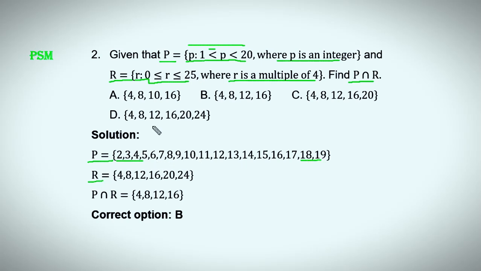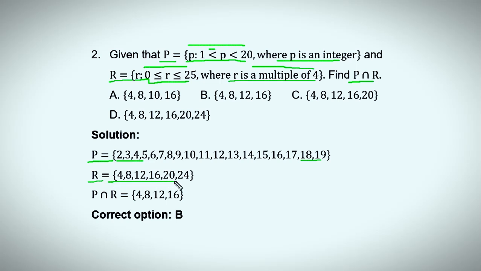Set Q, you are to list the elements between 0 and 25 inclusive, but must be multiples of 4. So from 0 to 25, you list the numbers that are multiples of 4.